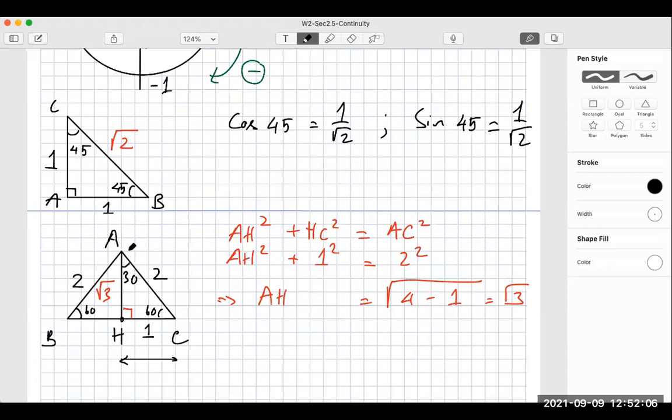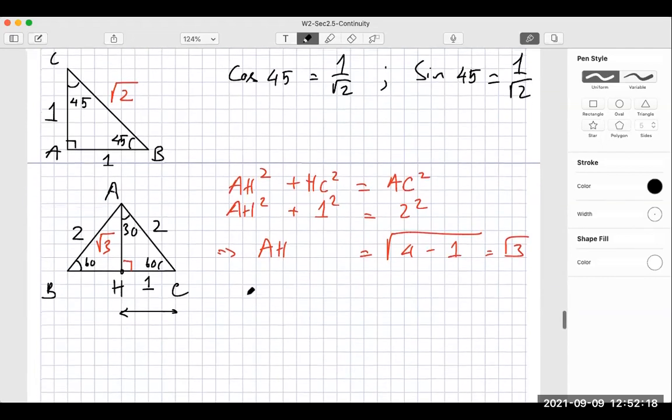So if you memorize this small triangle here, you can know the values of cosine and sine of 60 degrees and 30 degrees easily. What is cosine of 60 degrees? 1/2. Good job. Sine of 60?